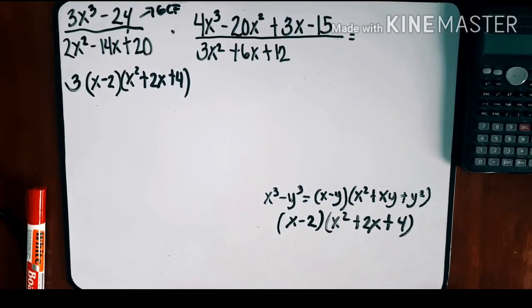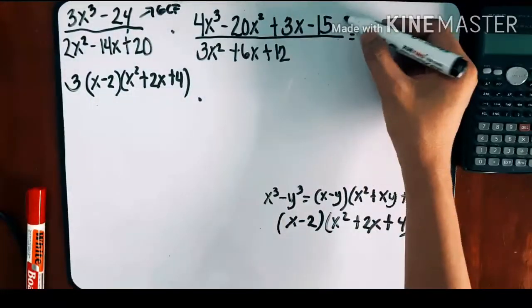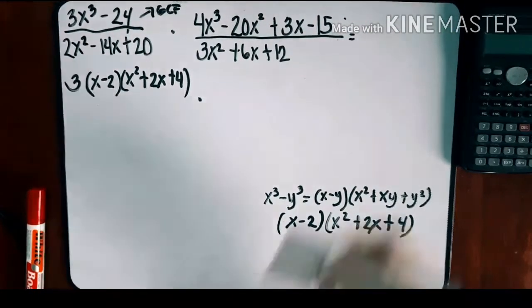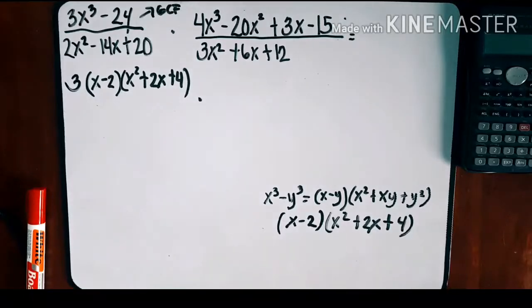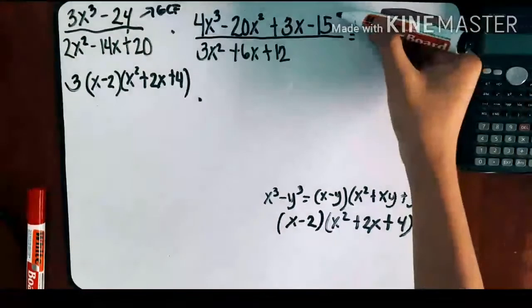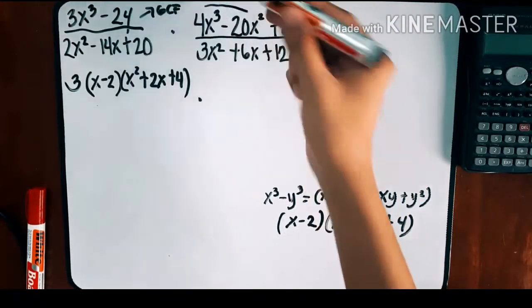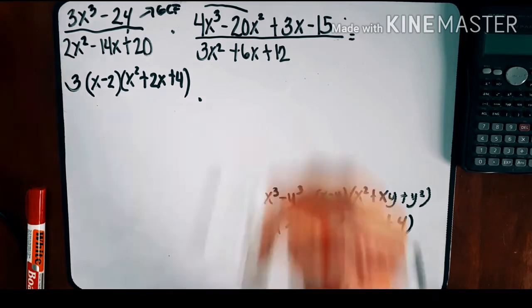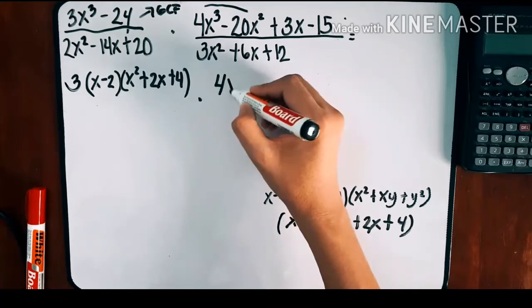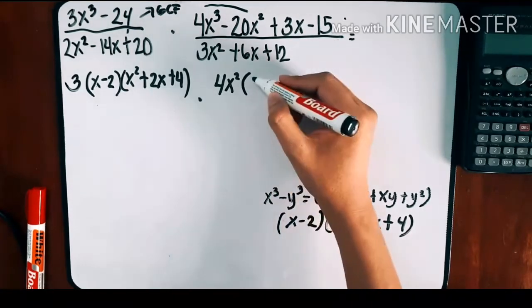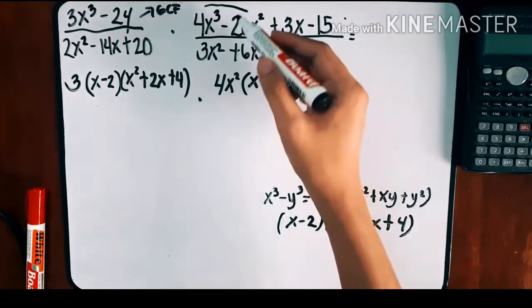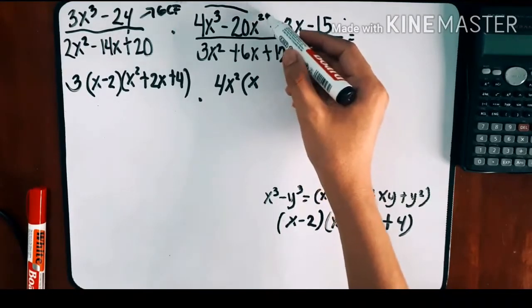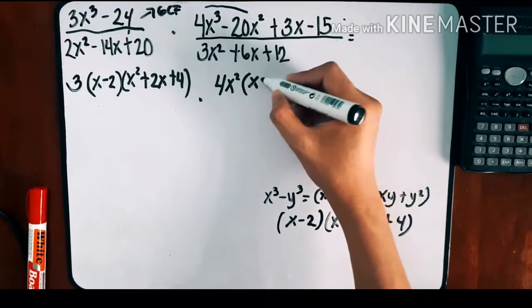Next, let's try this one. We can factor this by grouping, starting with the first two terms. Let's take their GCF. For 4x cubed minus 20x squared, the GCF is 4x squared multiplied by x, and 20x squared divided by 4x squared is negative 5.